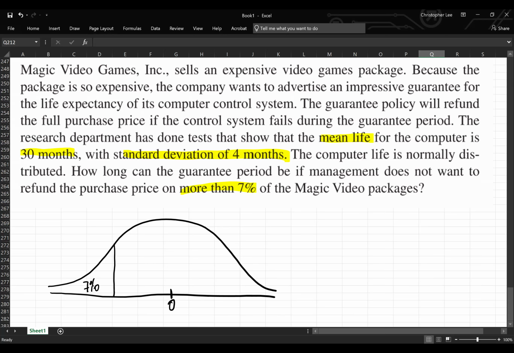I want a cutoff period at 7%, right? Here's my question. You know your mean is 30, right? How many months is the 7%? I'm looking for something called the raw value here, right? And that's what we have to figure out, all right?